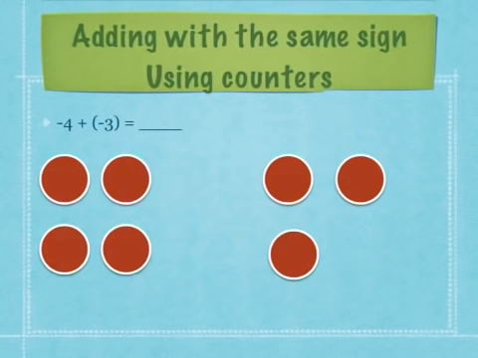To find my answer, since they are all red, all I have to do is count them up. 1, 2, 3, 4, 5, 6, 7. And then write my answer as 7, and the sign is obviously going to be negative because all my counters are red. So I have 7 red counters, which represents -7.